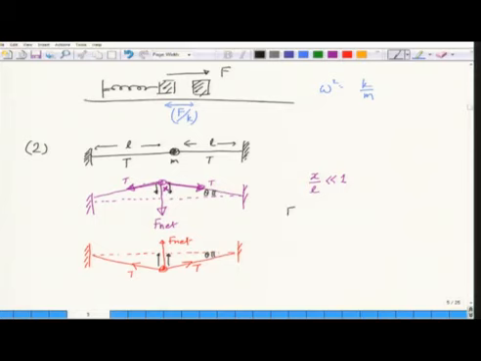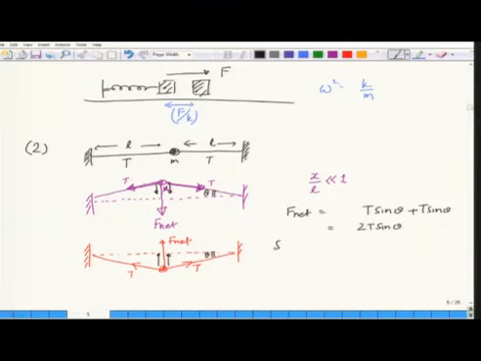So, F net is going to be that vertical component, which you can easily see is going to be T sine theta plus T sine theta, which is 2T sine theta.